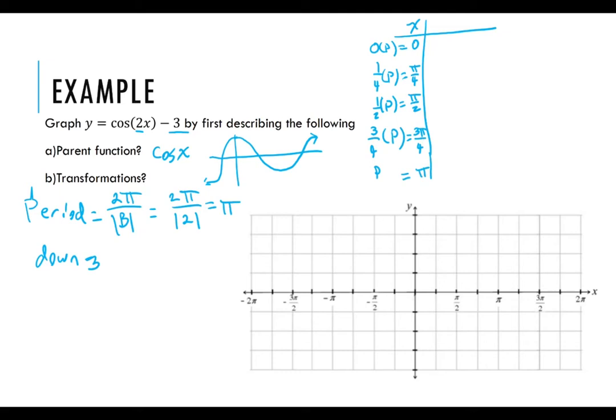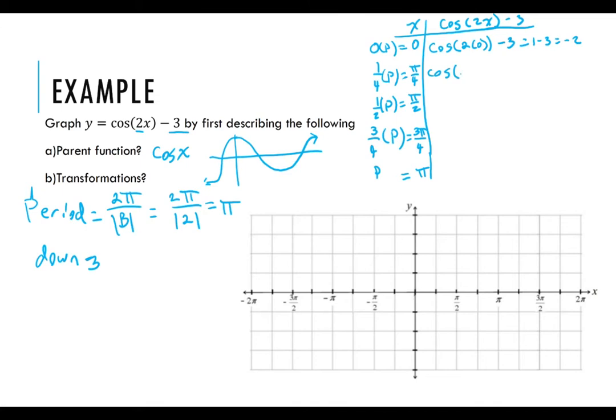And so then if you were to plug these into cosine of 2x minus 3, you'll get some values. Let's figure out what those are. Cosine of 2 times 0 minus 3. Well, 2 times 0 is 0, cosine of 0 is 1, so 1 minus 3 gives us negative 2.